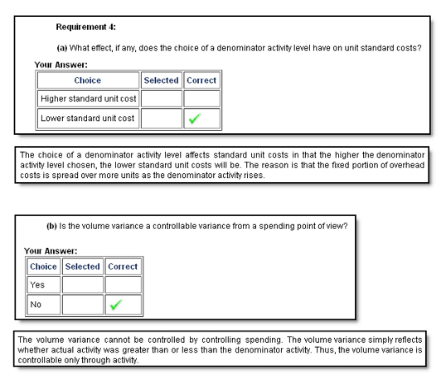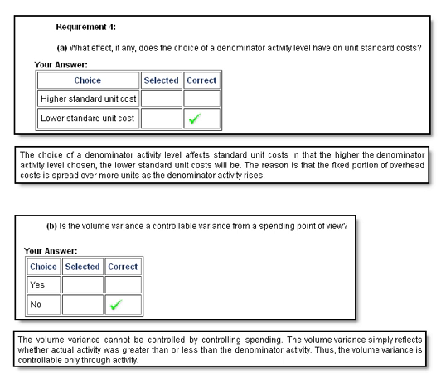Okay, and then finally on Part 4 it says, what effect, if any, does the choice of the denominator activity level have on the unit standard cost? And it says, does it result in a higher standard cost or a lower standard unit cost? And we're going to say the lower standard unit cost is the correct answer. And when we read the description of that answer, the choice of a denominator activity level affects standard unit cost, and the higher the denominator activity level chosen, the lower the standard cost will be.